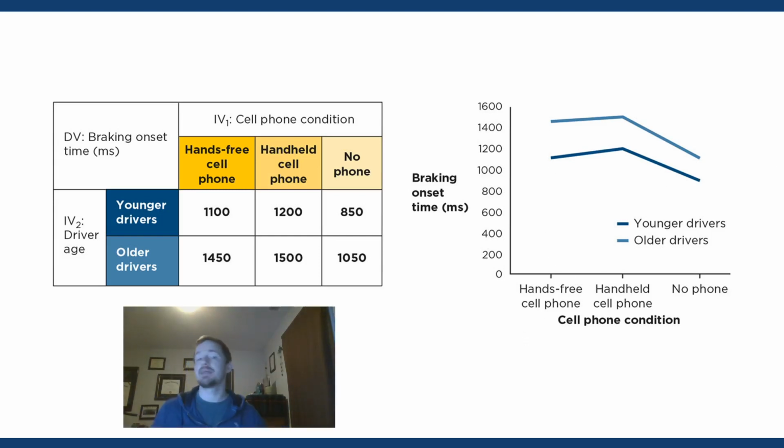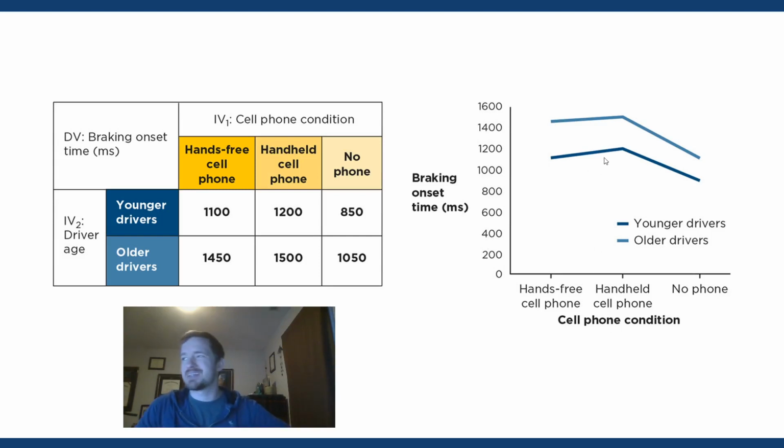Now, why that is, is up to you. If you collected this data, now it's your turn to interpret what you found. The way that I would probably interpret this is that younger folks are more accustomed to Bluetooth and talking without holding phones, whereas for older folks that might be a little bit more burdensome, a little harder to handle, and maybe that is why younger folks are a little bit better than with handheld.